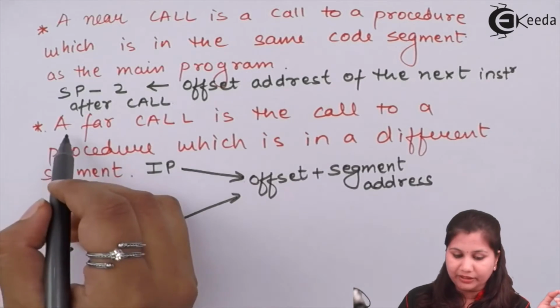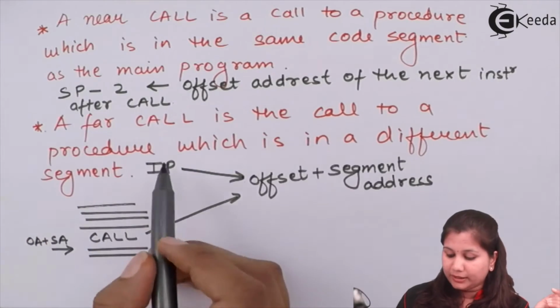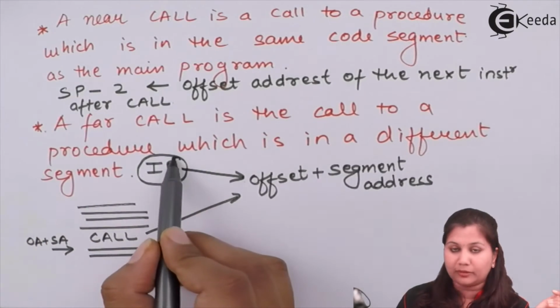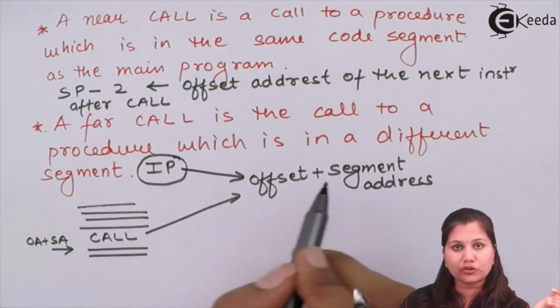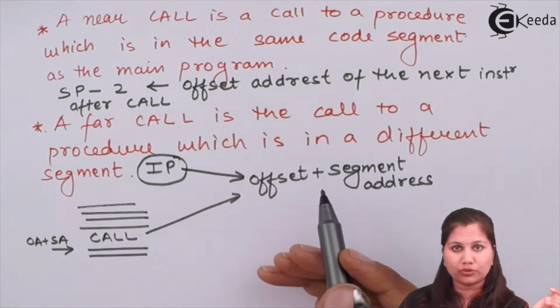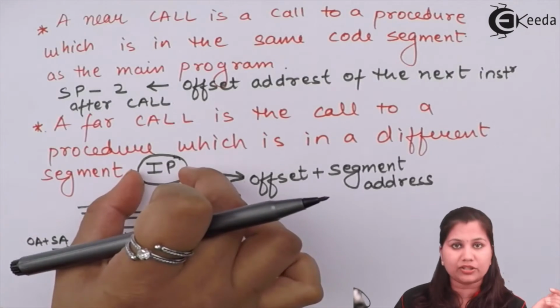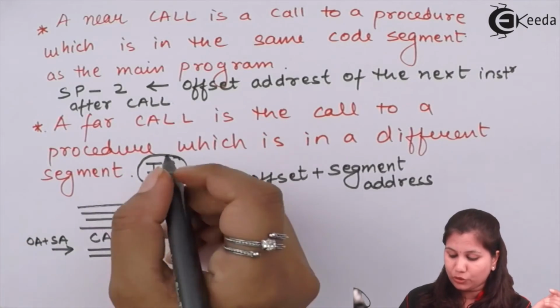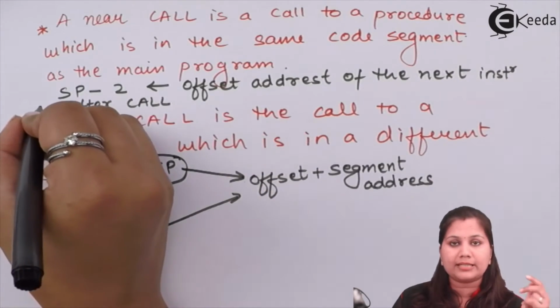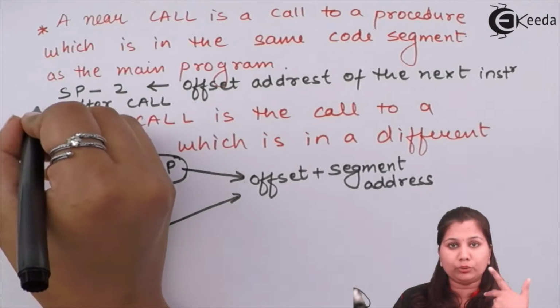Now when we have the far call, both the offset address and the segment address are changed, so the complete physical address in the instruction pointer will be stored in the stack. The stack pointer will be decremented 2 times.